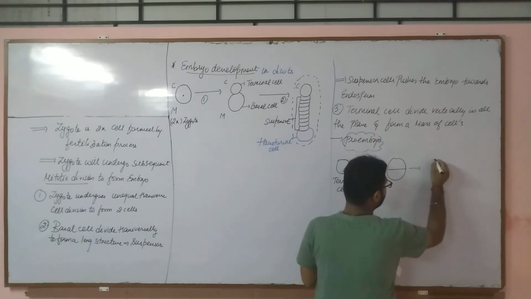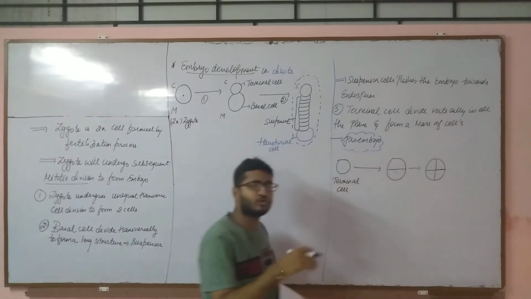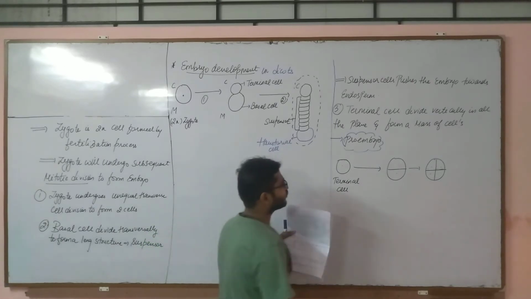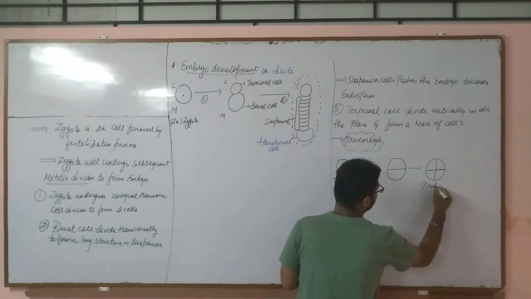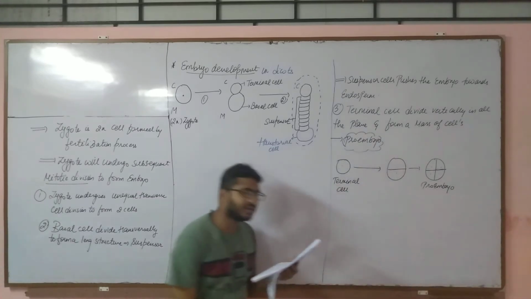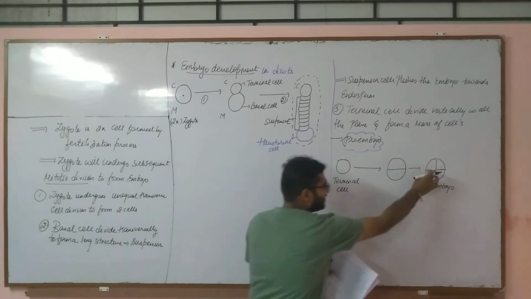The second mitotic division will result in the formation of four cells, like this. 4 will divide into 8, 16, like that. So this structure is called the pro-embryo, and this pro-embryo comprises 4 cells.